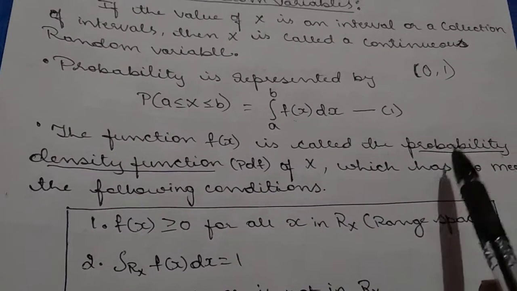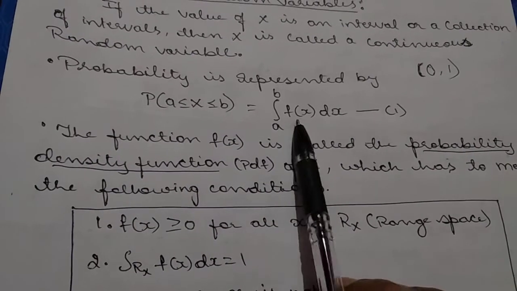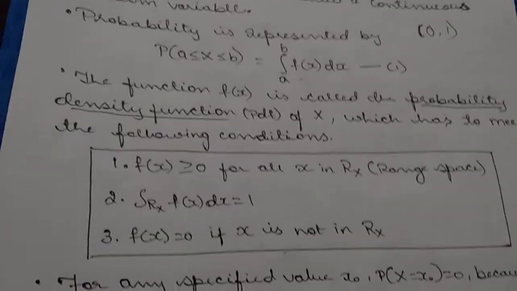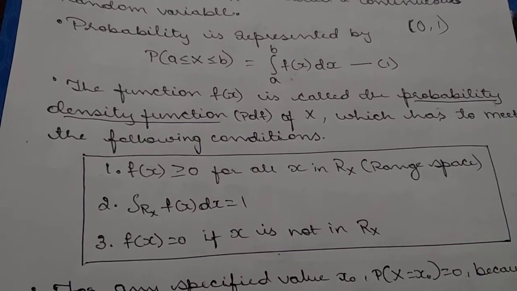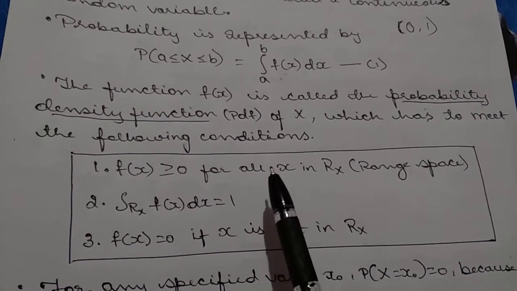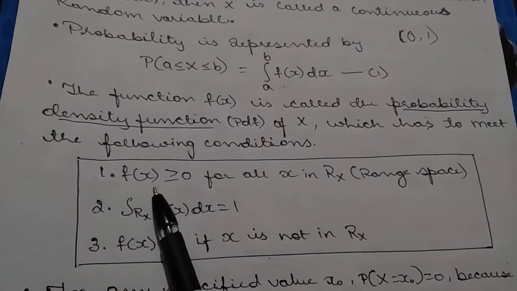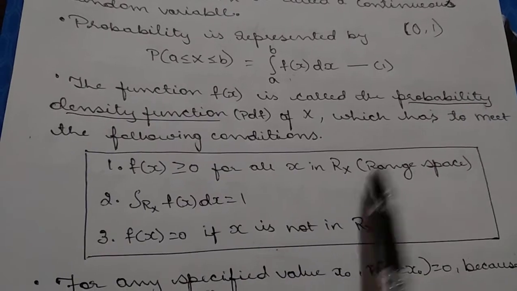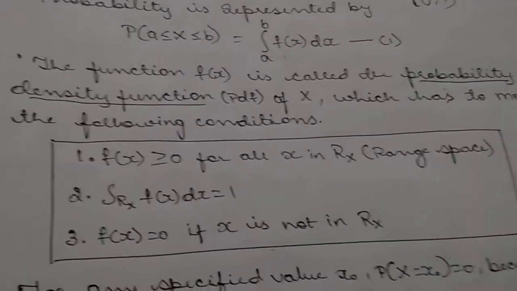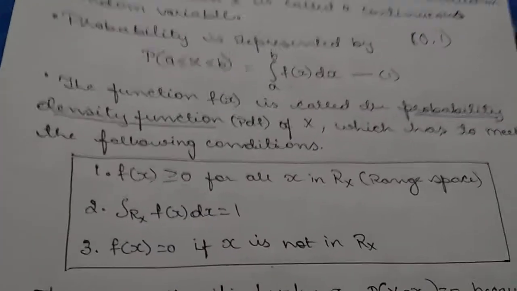And this probability density function, that is f of x, should meet some conditions. Then only can we say this is a continuous random variable having a probability density function. That is, f of x is greater than or equal to 0 for all x in Rx. Rx means your range space.